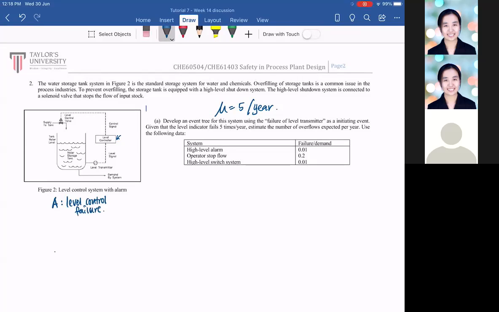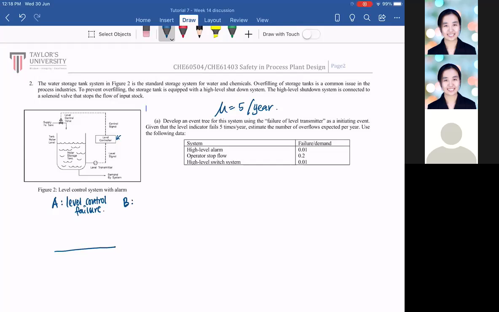As the start event. Okay. Then our first event is, what will happen. So if this failed, what's the next failure?